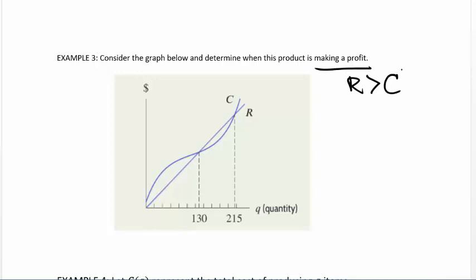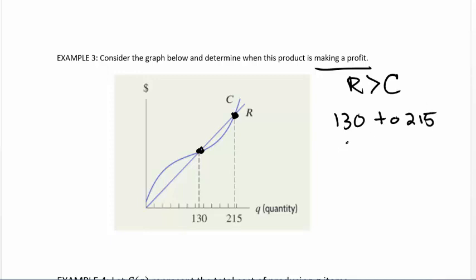So if the money that we're taking in is more than the money that we're putting out, then we're making a profit. If we look at our picture here, revenue is this linear function and cost is the wavy function. So the area where revenue is greater than cost is this area between 130 to 215.